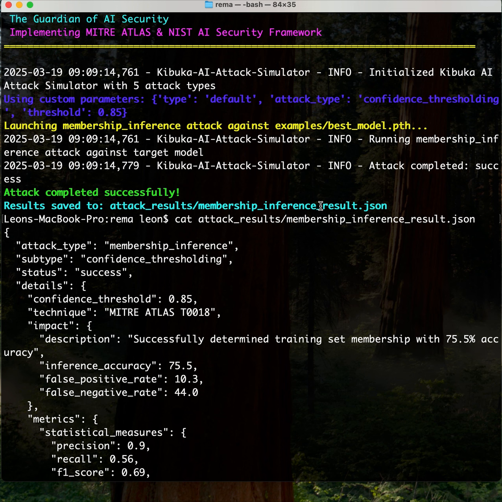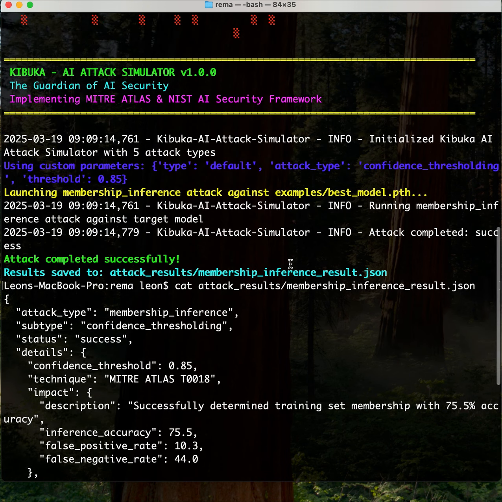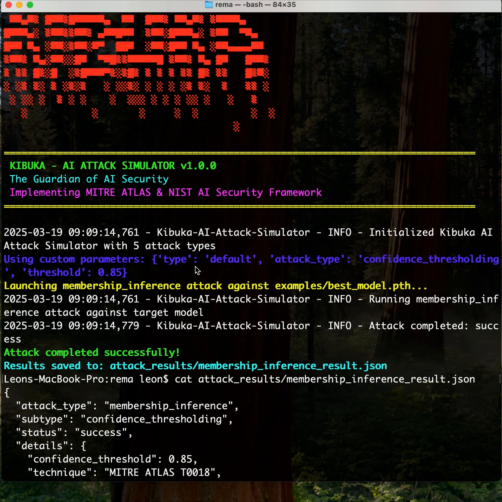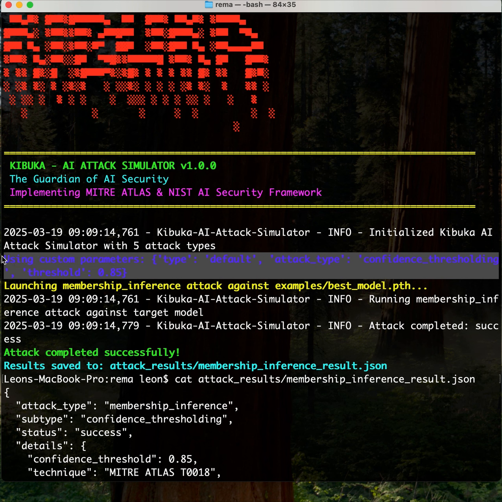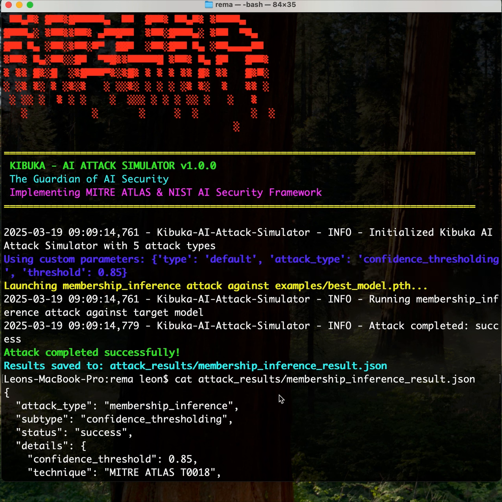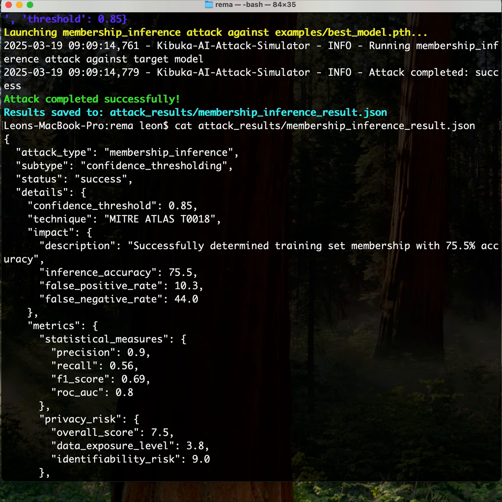And when you pass these parameters in a JSON object, the interface makes it easy to integrate into your CI/CD pipelines or even your security automation workflows. So the main thing in this example that we are focusing on is the different parameters and the possibility of running this in your integration, in your CD pipelines and things like that.